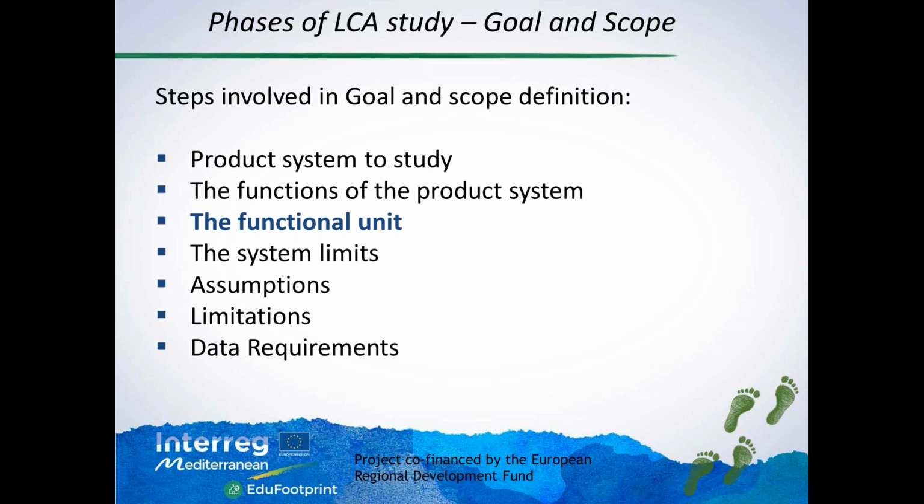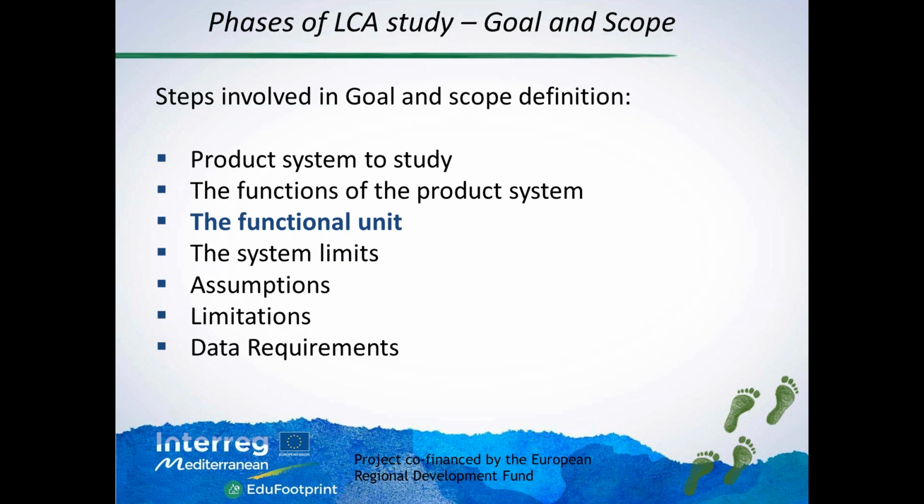What is the functional unit? Oh, just a bracket. Data requirements are important because you have to define in this phase, which is goal and scope definition, which are the requirements of your data. That could be primary data or data from literature.